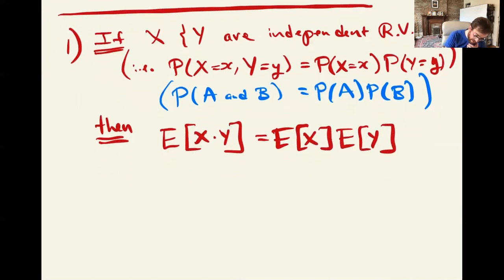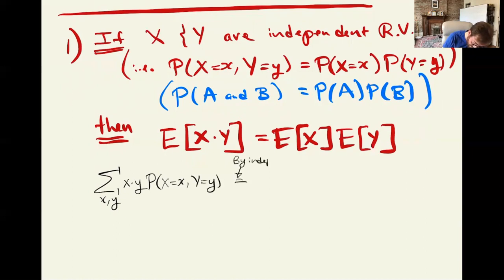And there's actually a pretty easy, quick way to check that this is true. So this ends up equaling the sum of little x times little y over all little x and little y of probability that X equals little x, probability that Y equals little y, which by independence, we know that this is the x times y, probability that X equals little x, probability Y equals little y.